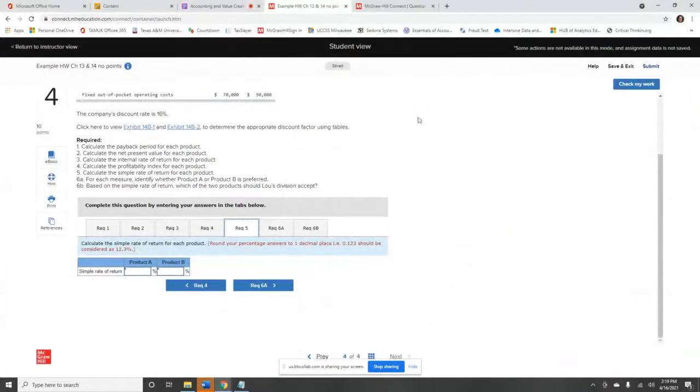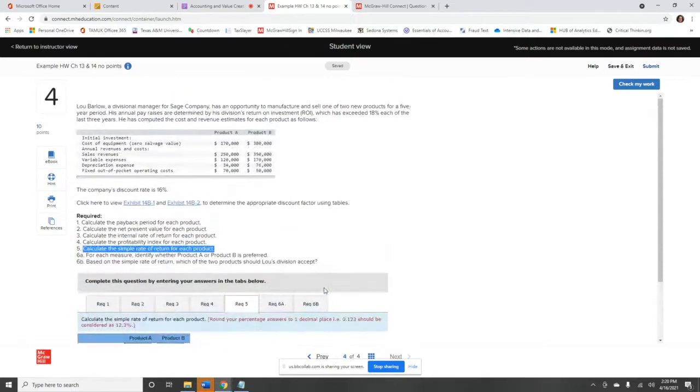Okay, so this is like what yours should be, just numbers. And this part 5 says calculate the simple rate of return. So for the simple rate of return, we need to calculate the operating income. That means what we've been doing till now for the cash flow, when we calculated the 60,000 for product A and 130,000 for product B, we left out depreciation expense.